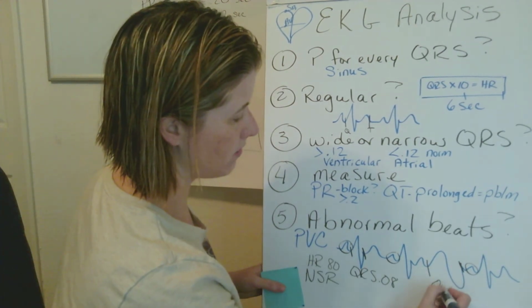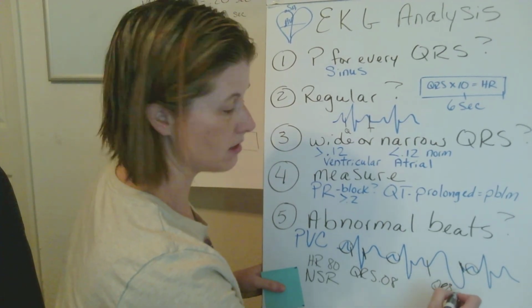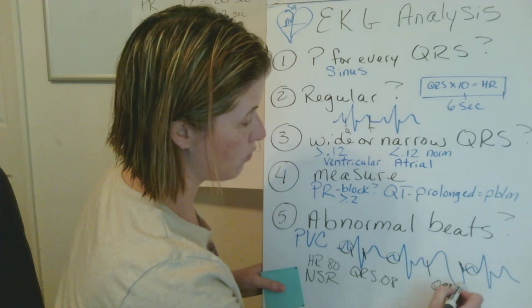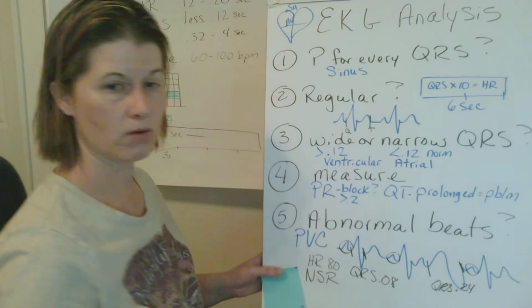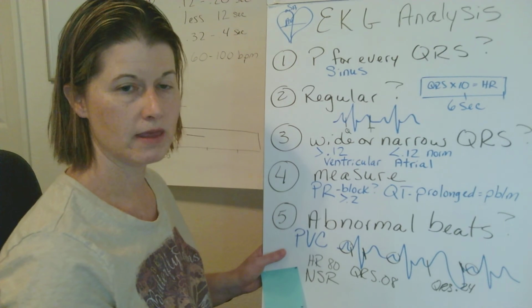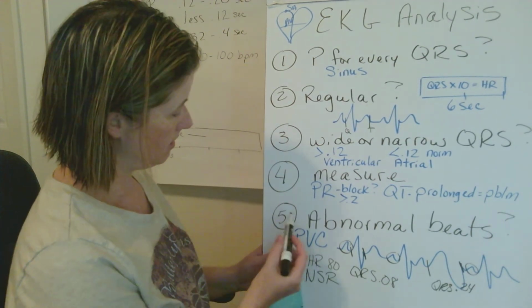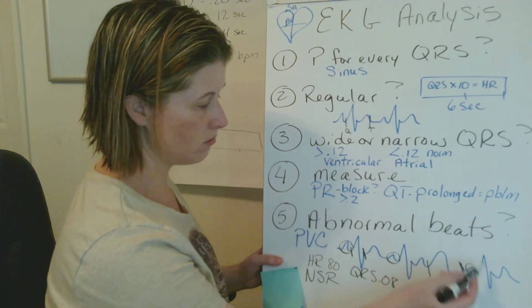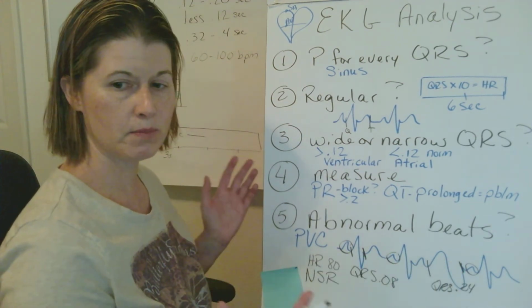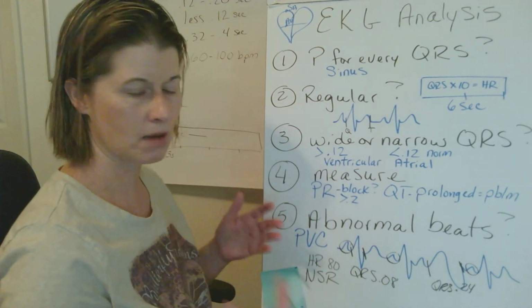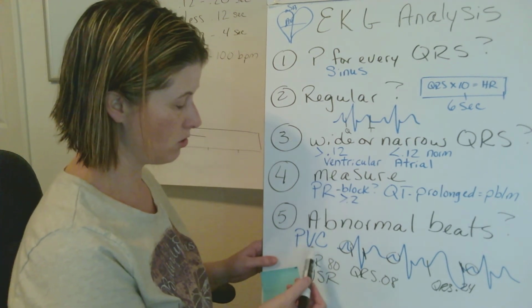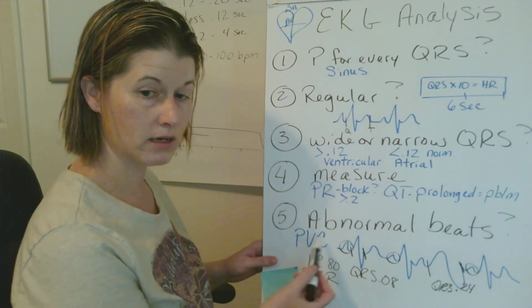So let's say my QRS here is like 0.24 or something. It's 6 little boxes. That tells me I have a ventricular beat here. And it's coming in early. It's coming in before any P waves. So it's jumping the gun. It's coming in early. So I have a premature ventricular, because it's wide, contraction.